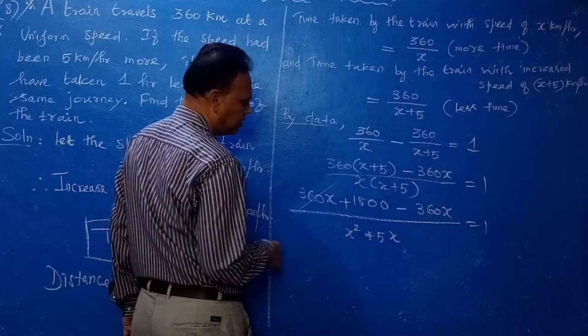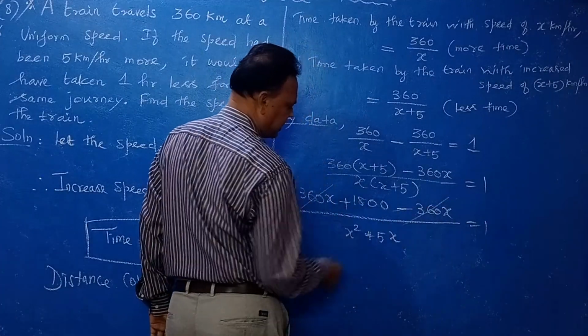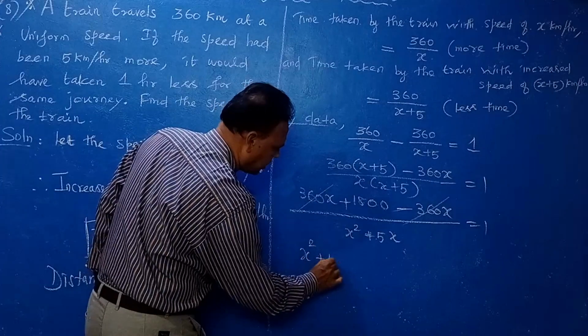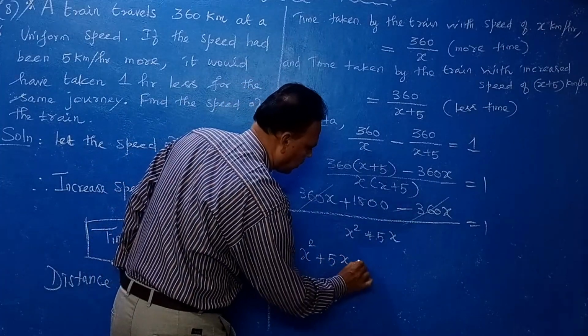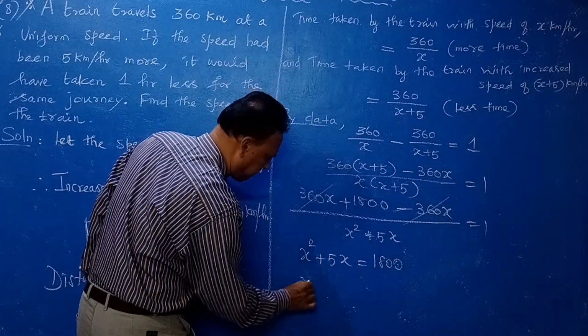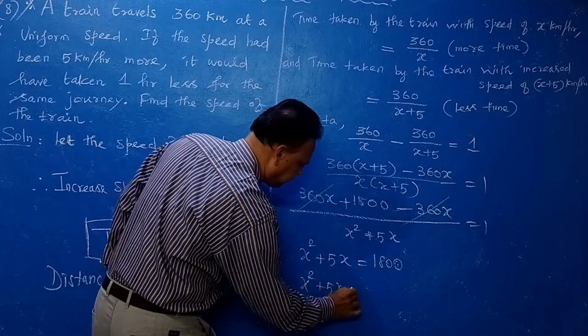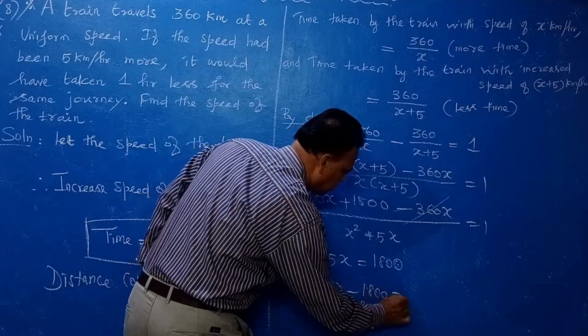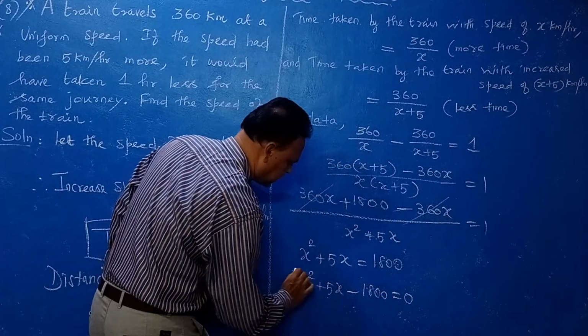Here you see 360x minus 360x gets cancelled. Cross multiplying, you get x squared plus 5x equal to 1800. Bring this side: x squared plus 5x minus 1800 equal to 0. This is the required quadratic equation.